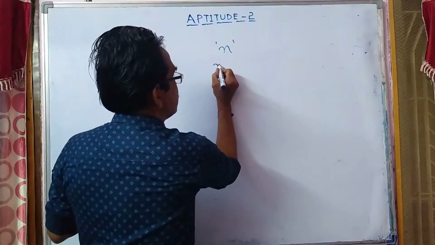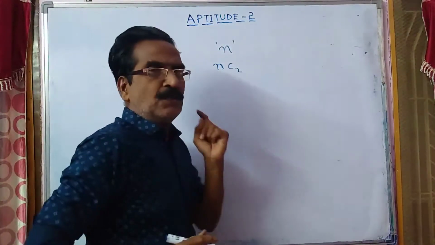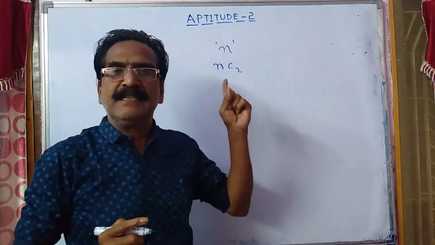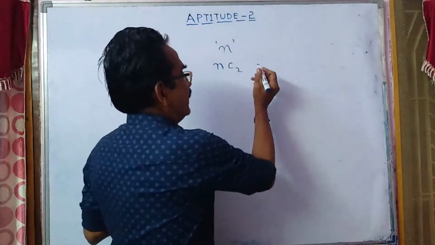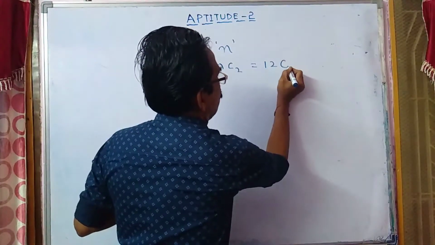That is nC2. So the total number of matches played is always equal to nC2. That is given: 120 matches were played.